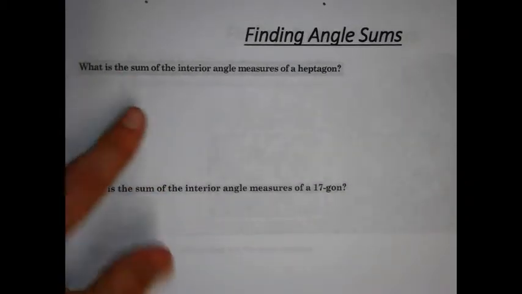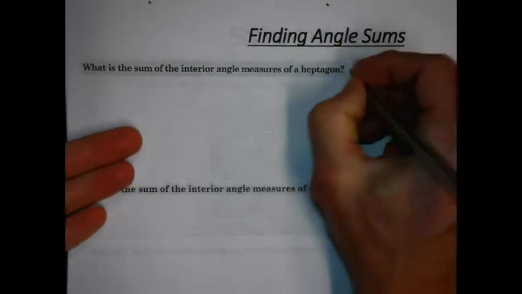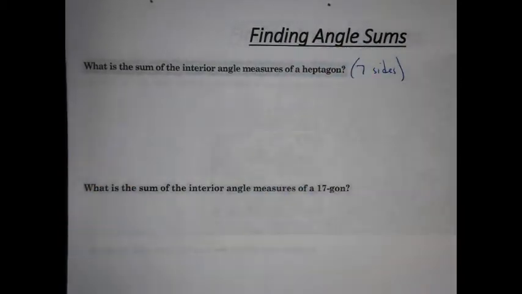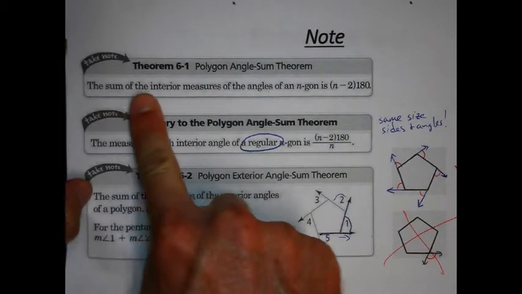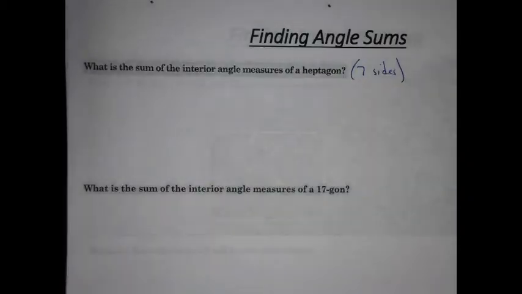Here's a question. What is the sum of the interior angle measures of a heptagon? So if you remember, what is a heptagon? 7 sides. Okay? And how do we find interior angle measures? Well, remember the note. The sum of the interior angle measures of an n-gon, n minus 2, times 180. So in this case, we're looking at 7 minus 2 times 180.